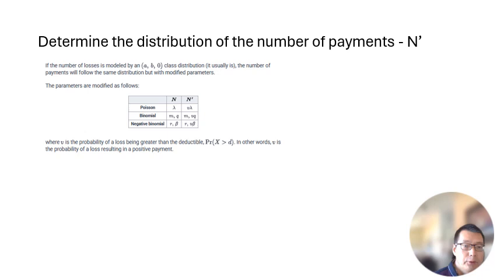If it's a binomial distribution, parameters m and q, then for M prime, the q will become V times q. Similarly, for negative binomial, the beta will have a factor V there, where V is the probability of loss being greater than the deductible. In other words, V is the probability of a loss resulting in a positive payment.